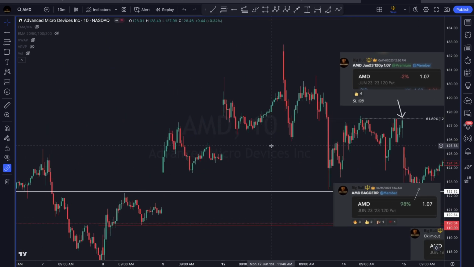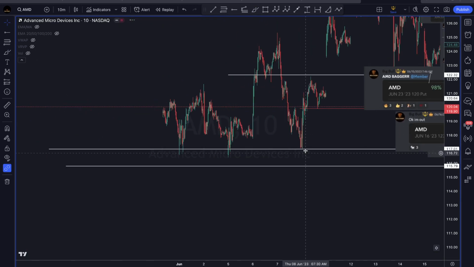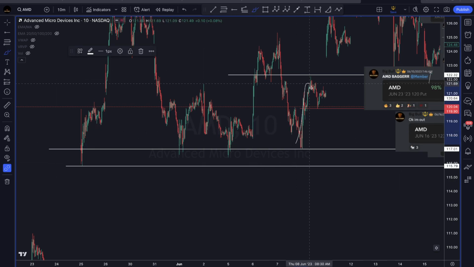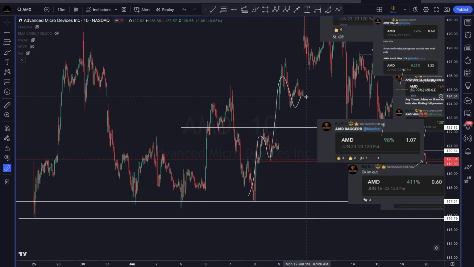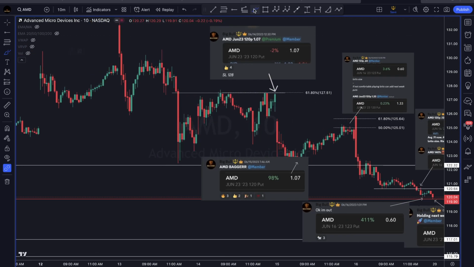And this was when price is in a downtrend. So price clearly entered a downtrend when, if you're looking here, price was making higher highs, higher lows. And then price finally closed below on the intraday time frame.